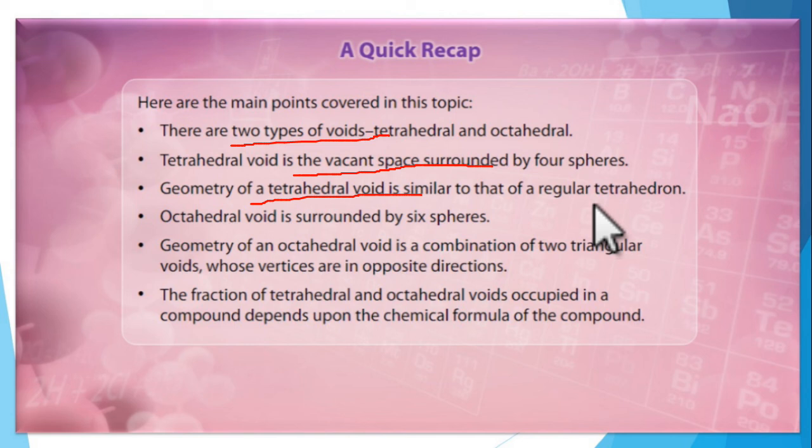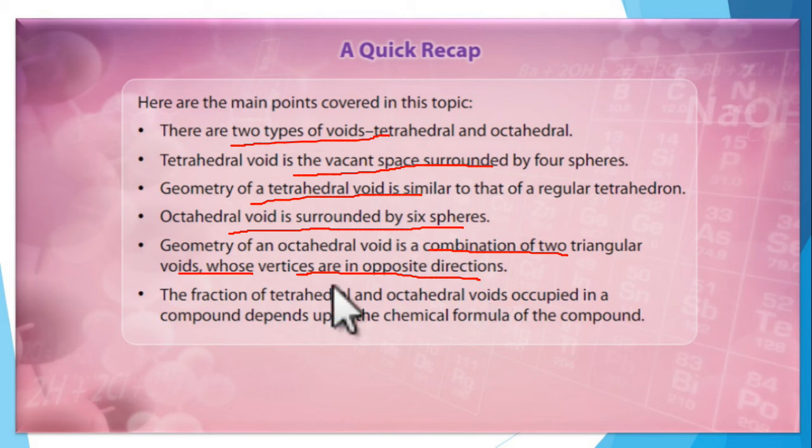Octahedral wire is surrounded by 6 spheres, 3 in one layer and the other 3 in the second layer.